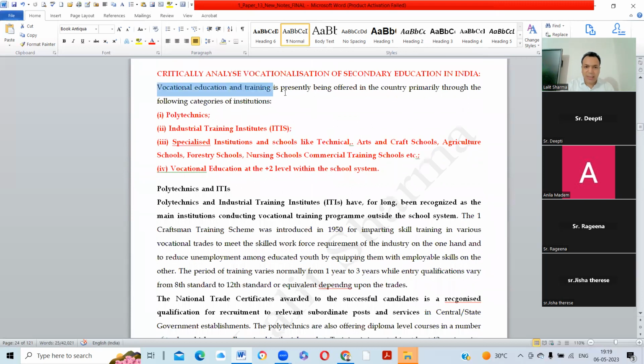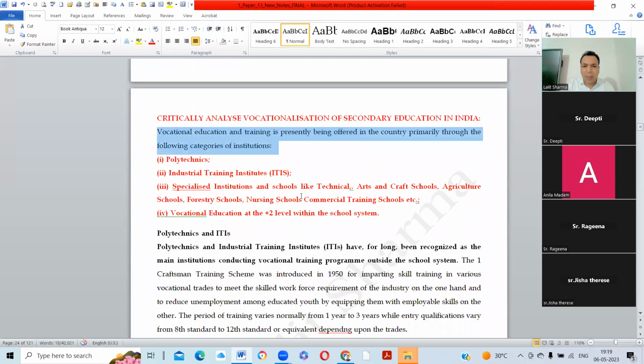Vocationalization of education and training is presently being offered in the country primarily through the following categories of institutions. Who is providing such courses? ITIs, polytechnics, specialized institutions and schools like technical arts, craft schools, agriculture, forestry, nursing, commercial training, and vocationalization of education at the +2 level within the school system.